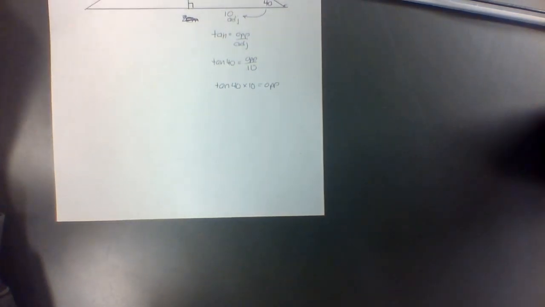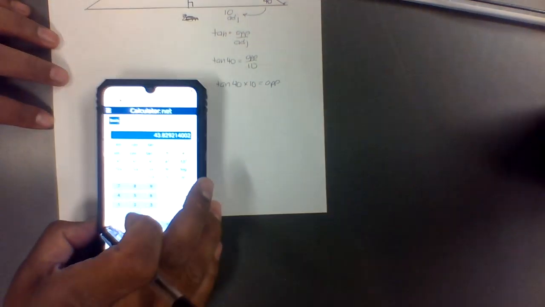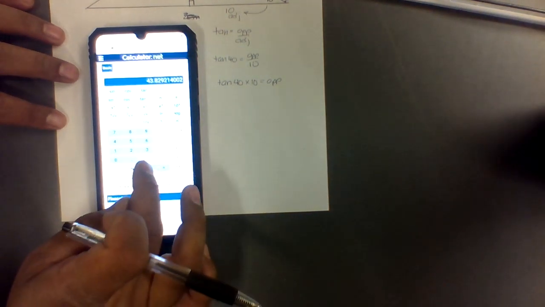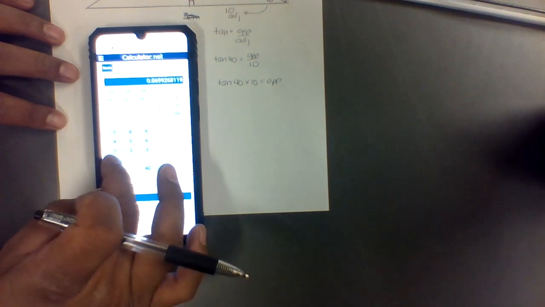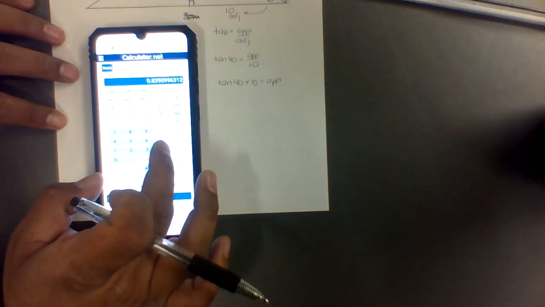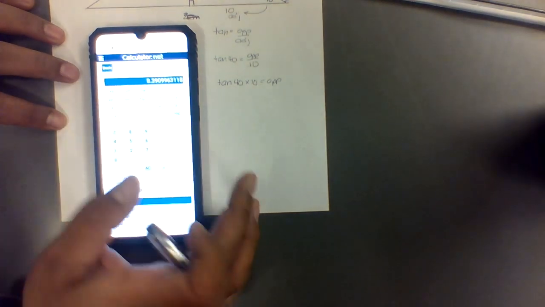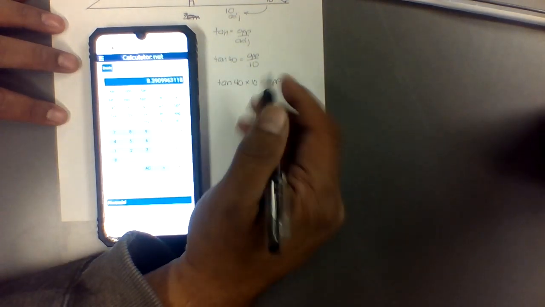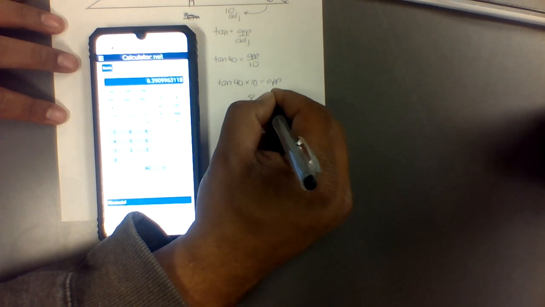So we calculate that through our trusty calculator. Now, hopefully you can see. All right. So we go clear. The tangent of 40 times 10 equals 8.39. So that's just going to be 8. So 8 meters is the opposite.